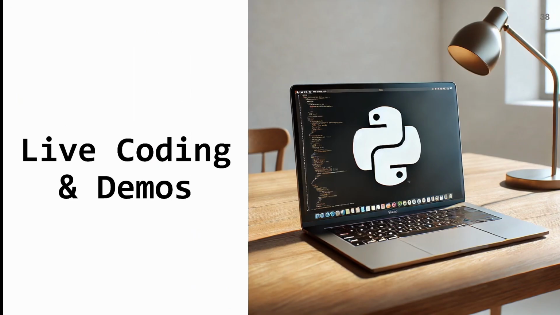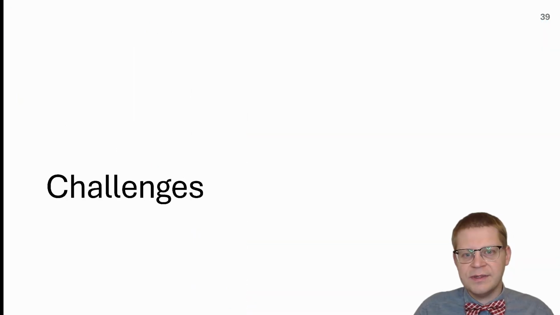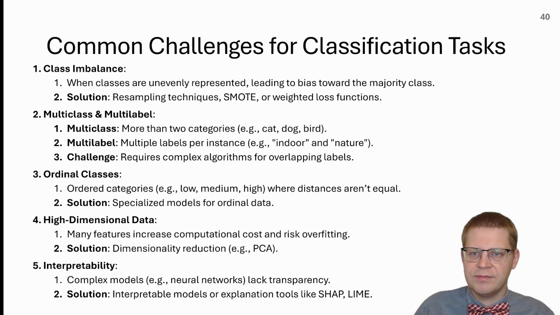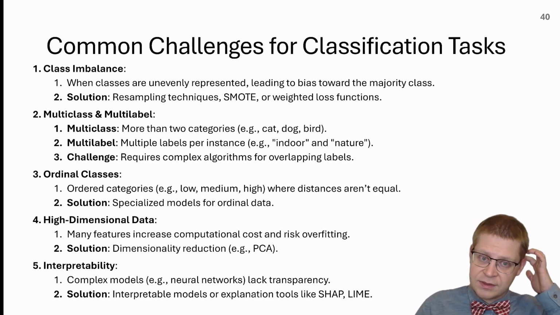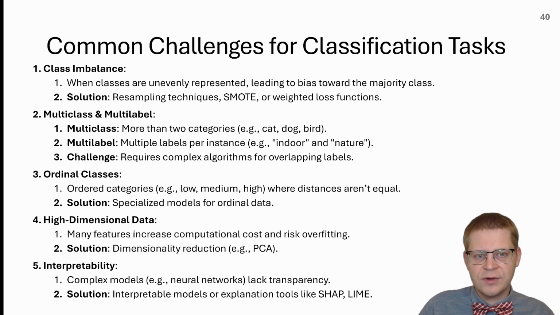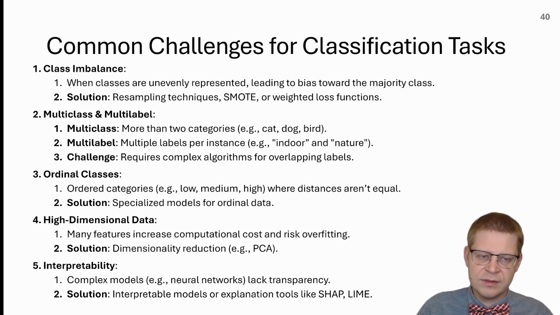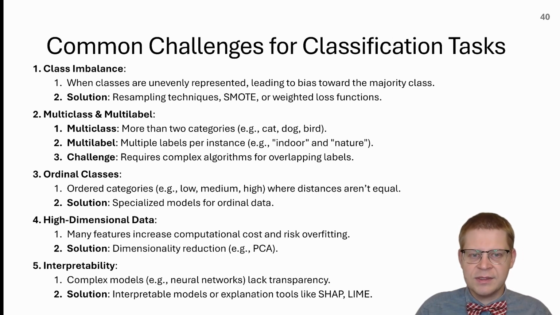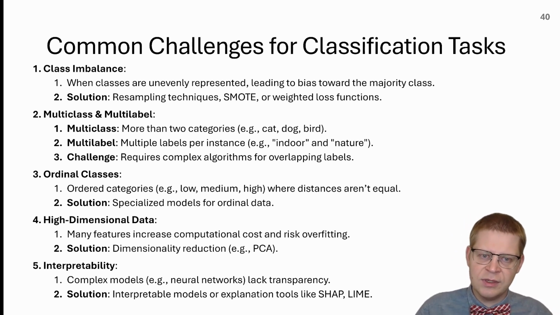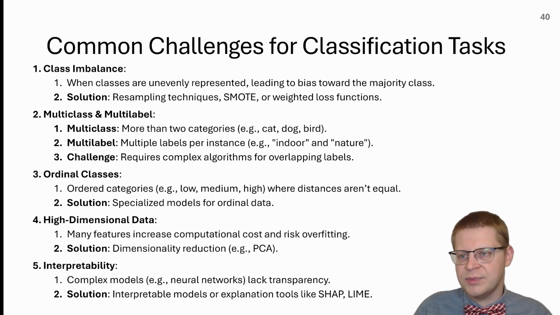Welcome back, and let's continue. So let us briefly discuss some challenges that happen for classification tasks. Classification tasks face unique challenges from class imbalance and complex labeling to high-dimensional data and the need for model interpretability. Each of the challenges impacts the effectiveness of the classifier, and specific techniques can address them to improve model performance and transparency.